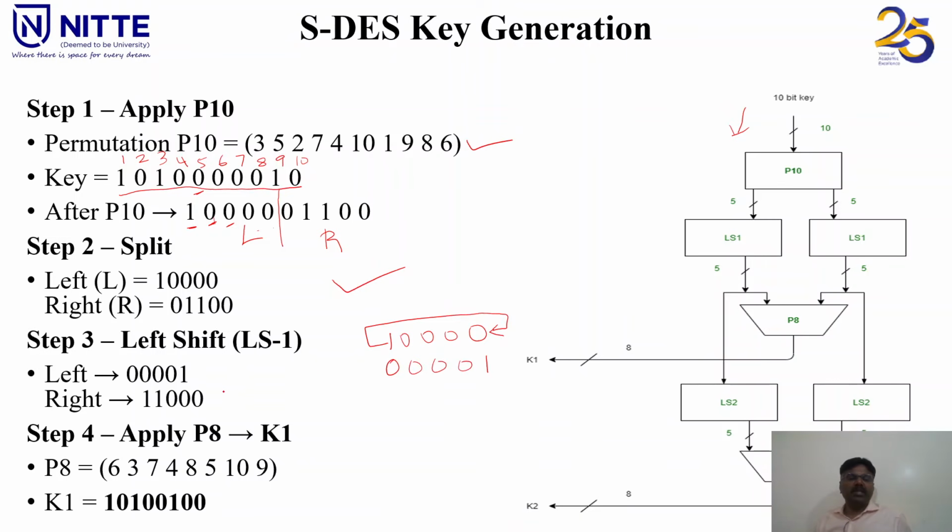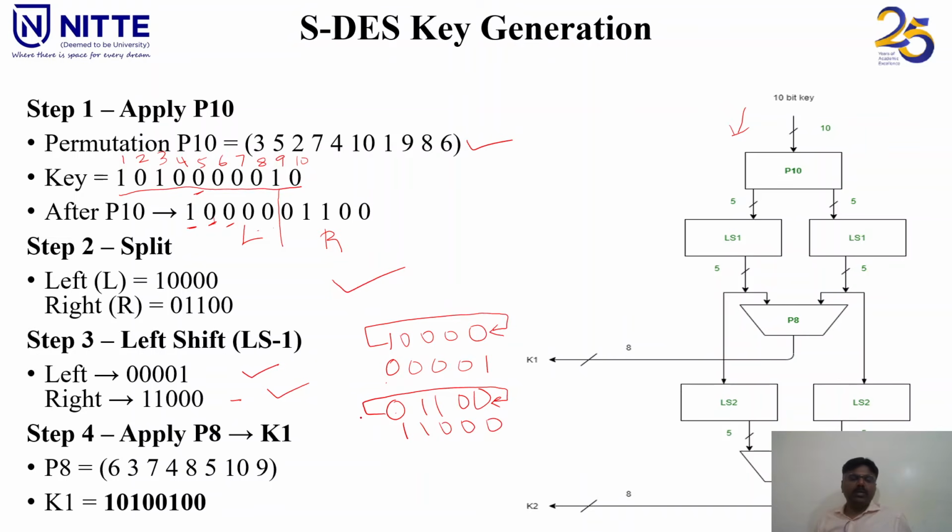Similarly, the right side one, I'll be writing 0 1 1 0 0. So I'll be performing left shift. So what will happen? 1 1 0 0 0. So after performing the left shift by one bit, I'm able to get these two values.